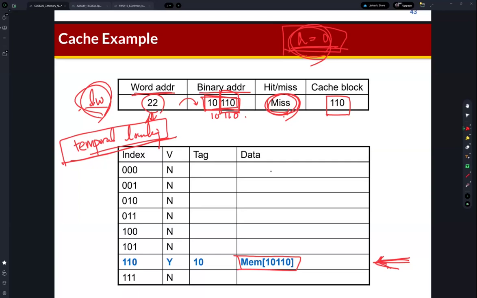Also, by allocating this, we can also exploit spatial locality. Why? Usually the cache block size is large. In this example, we just store 4 bytes of data in a cache, but in a real CPU, the cache block size is typically 64 bytes.